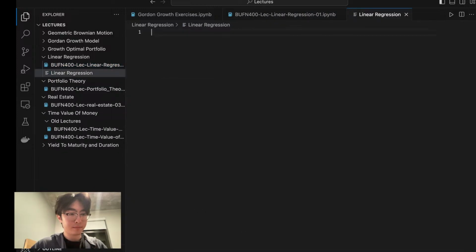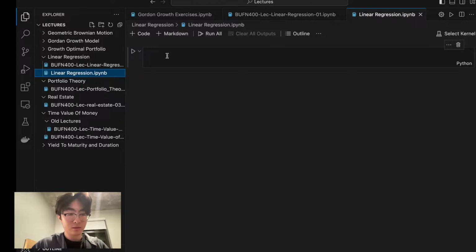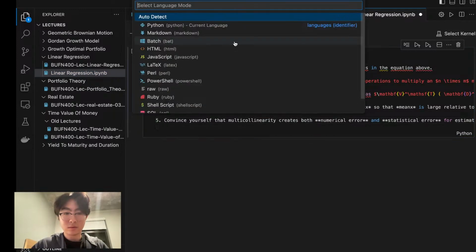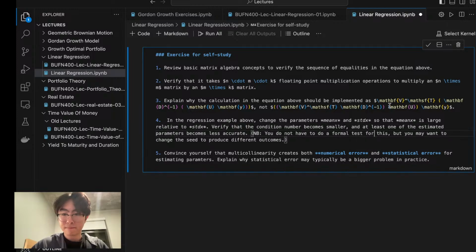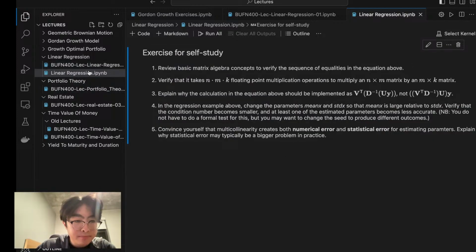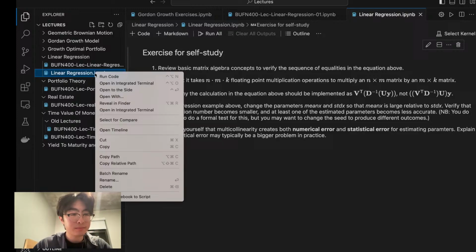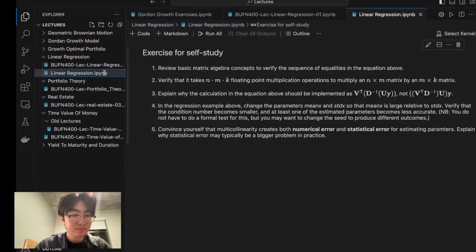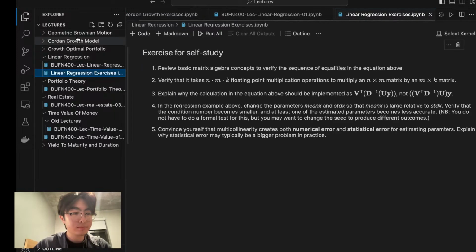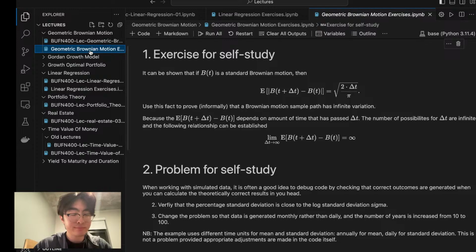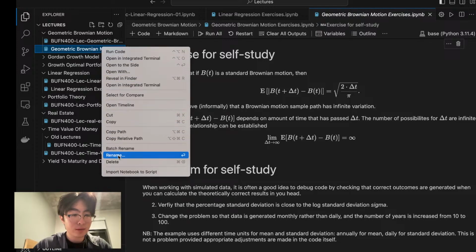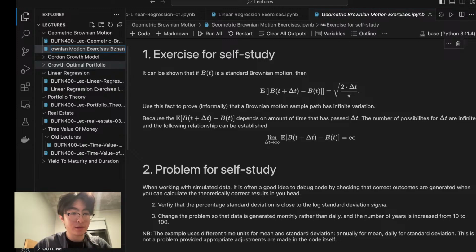Linear regression. So we have IPYNB. Let's rename these to include my name, Zane.